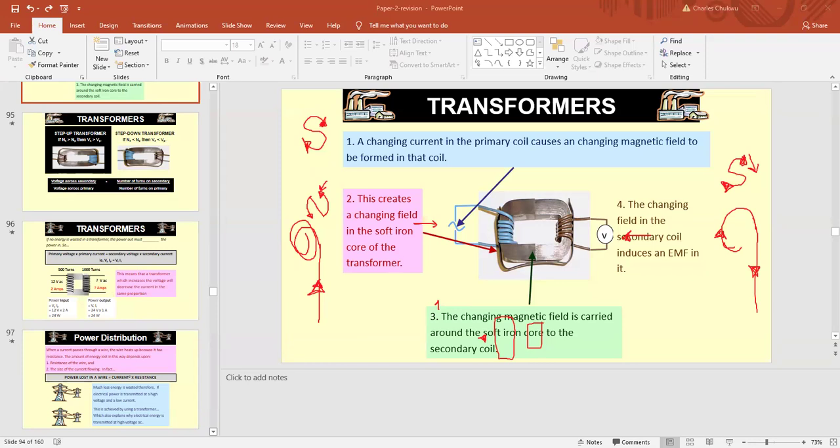Let's undo all these annotations. Okay, so let me reshare my screen.